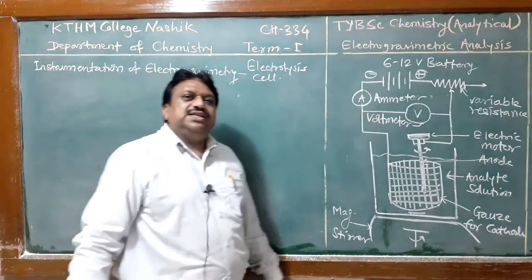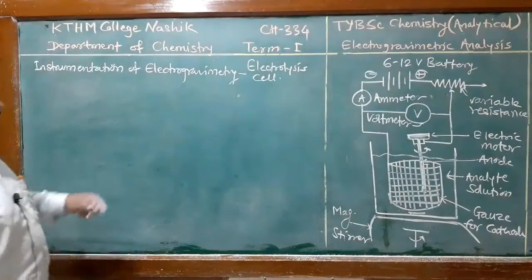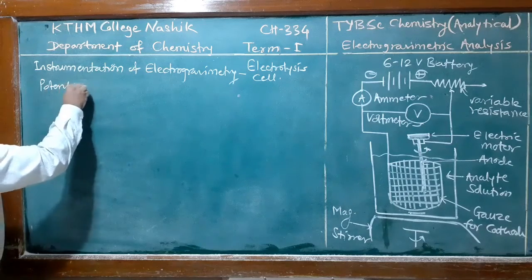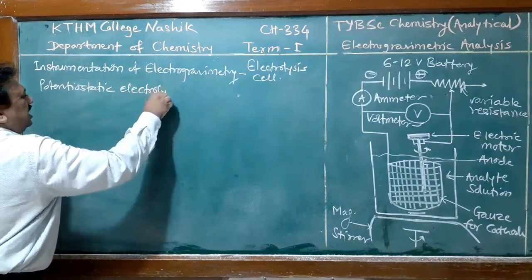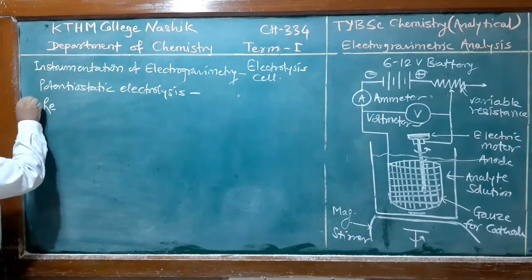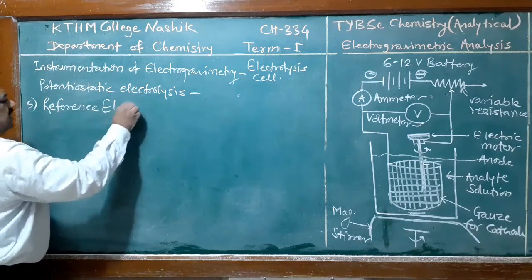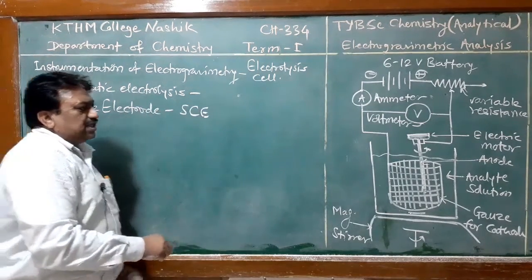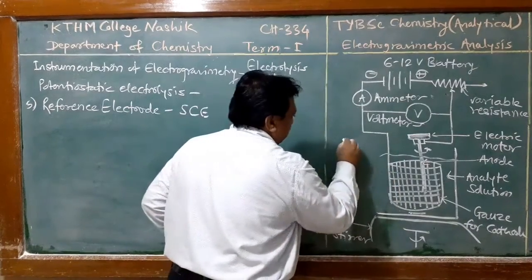Student, this is about the instrumentation of the electrolysis cell, which is useful for electrolysis without controlled cathode potential, meaning amperostatic electrolysis. But when we have to carry out the potentiostatic electrolysis process, there is a requirement of a reference electrode. The reference electrode is generally a saturated calomel electrode, and it is coupled to the working electrode in this fashion.